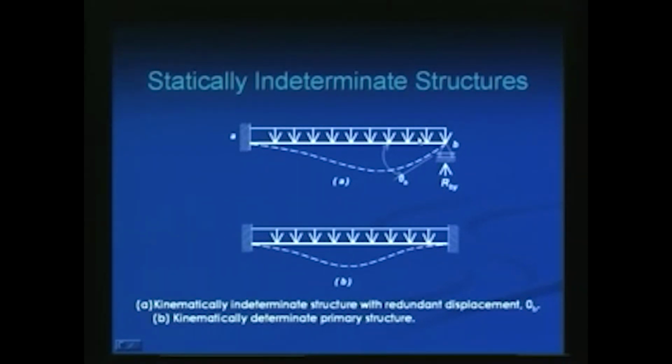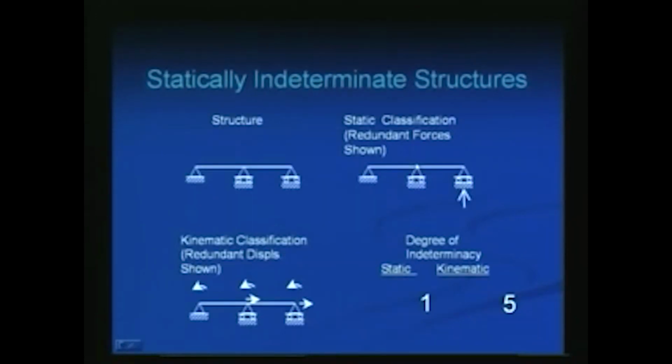Static indeterminacy, how do I go about it? Well, 3 plus 1, 4. So how many equations of equilibrium? 3. Okay, so what is the static indeterminacy? 1. So this structure has a single kinematic indeterminacy and a single static indeterminacy.